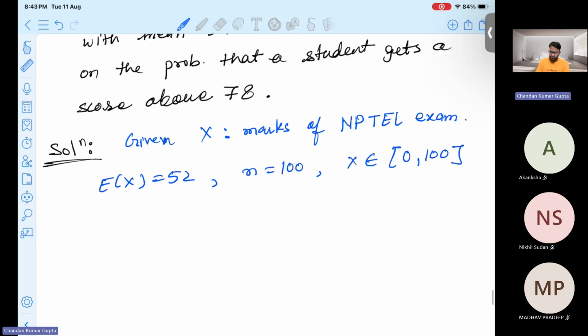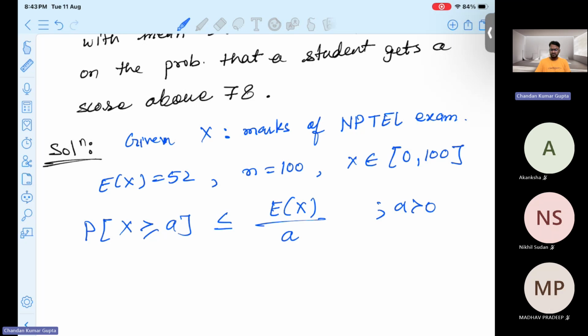Okay. So the next is, since we are only given the average value, we will use Markov inequality. So Markov inequality will be like this: the probability that x is greater than or equal to some a is less than or equal to the expected value divided by that quantity. So let's put this together.